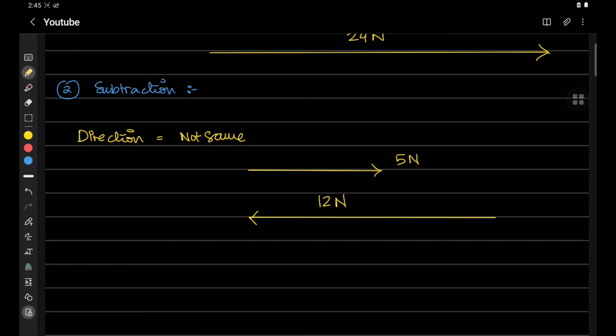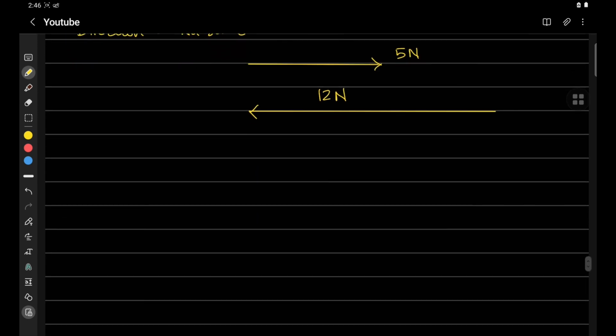Why do you subtract them? Because the directions these vectors are headed in are opposite to each other. So you're going to have to subtract them. When you subtract 5 and 12, you're going to get minus 7 newtons. So what does this minus 7 represent? The minus sign here represents the change in direction.